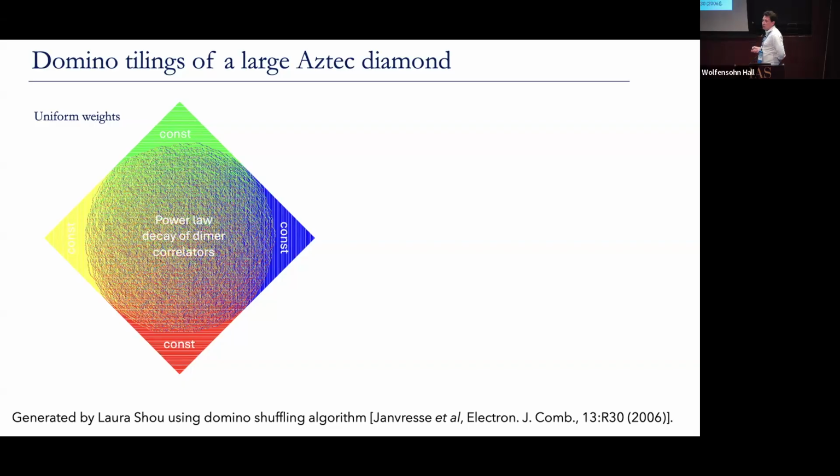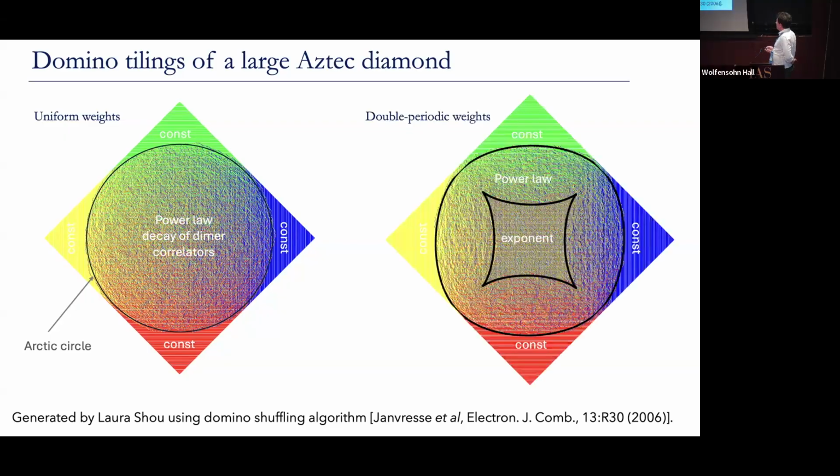And in the center, you have the power law state, which is kind of a liquid state. The curve that separates the two, Shor and company called it the Arctic Circle. It's almost a perfect circle. So that's very interesting.